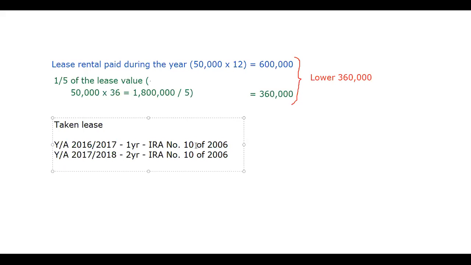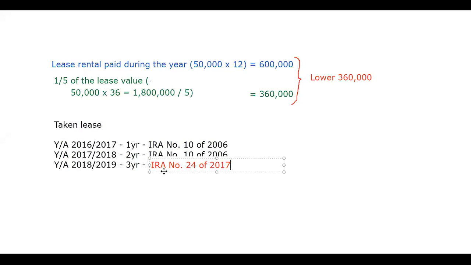Then the year of assessment 2018/19, third year, because they have taken the lease agreement for only 3 years, right? Then this year, the relevant applicable act is Inland Revenue Act number 24 of 2017, right?